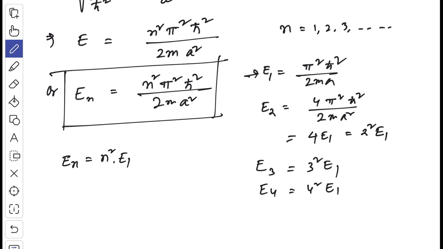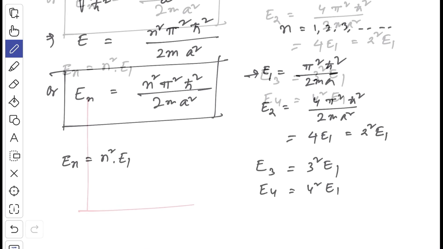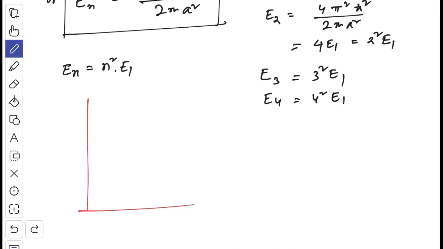If you represent the energy levels graphically, if you draw the energy level diagram, this is the ground state E1, the lowest energy level, where n is equal to 1.